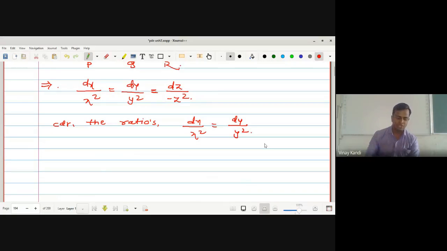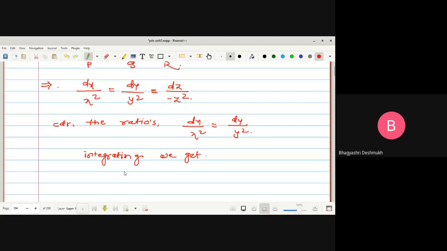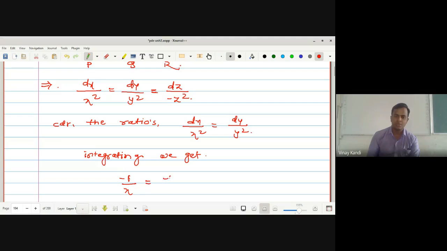Now integrating, we get: what is the integration of 1 upon x square? Minus 1 upon x is equal to minus 1 upon y plus c1.